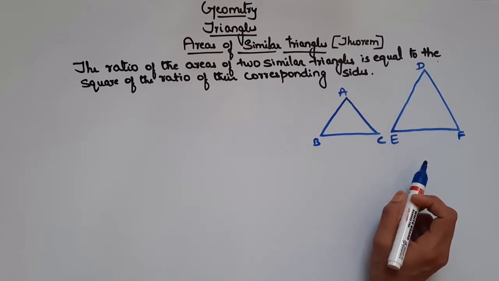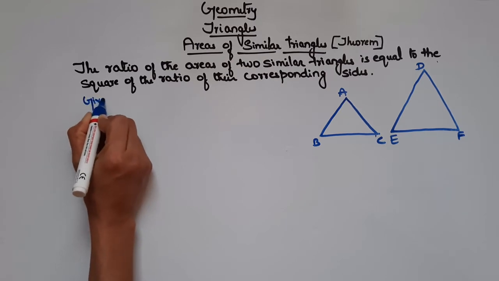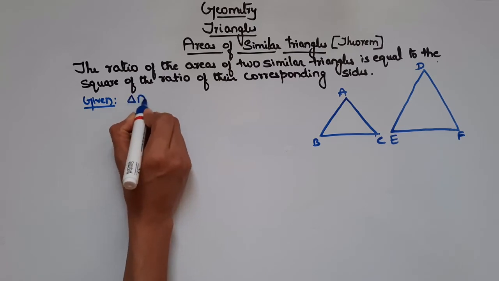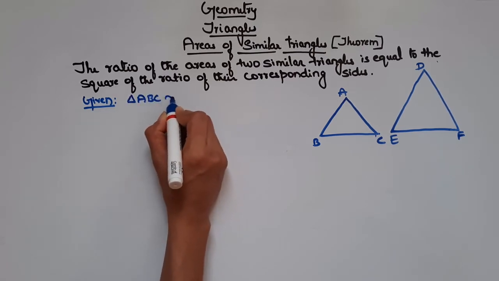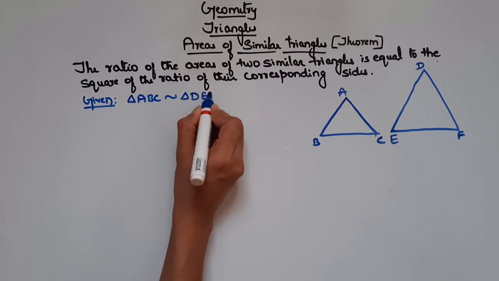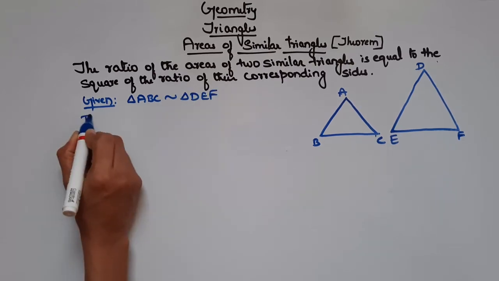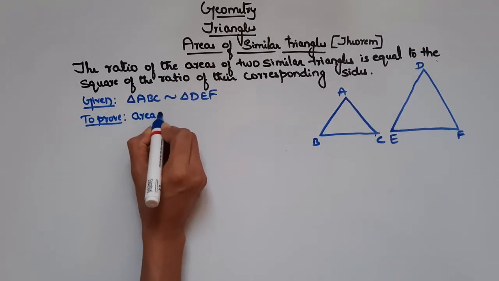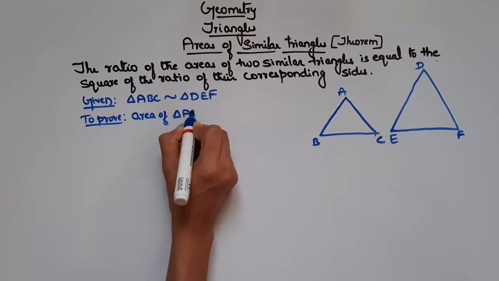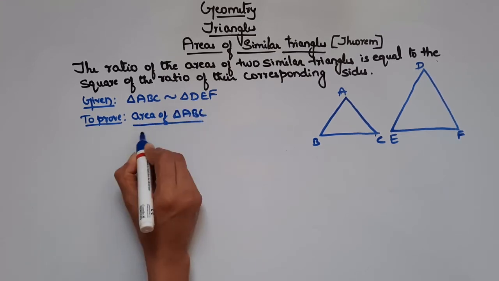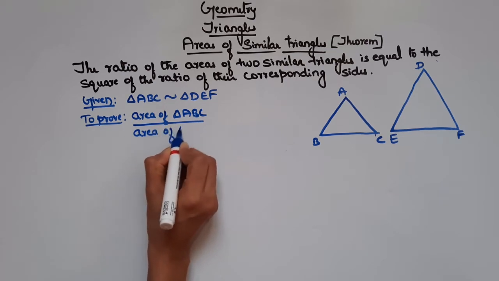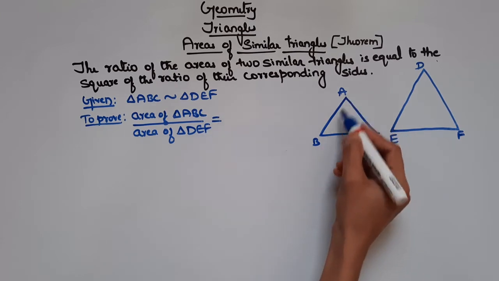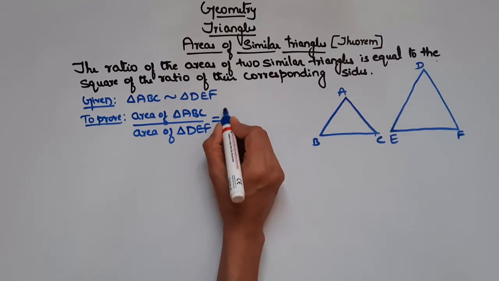So we have to prove this. First let's write what is given. So given here is 2 similar triangles. We have triangle ABC is similar to triangle DEF. This is given, right? What we have to prove? To prove area of triangle ABC by area of triangle DEF is equal to AB by DE the whole square.